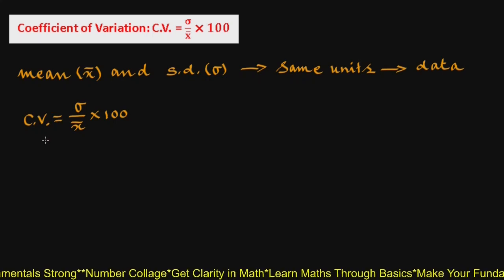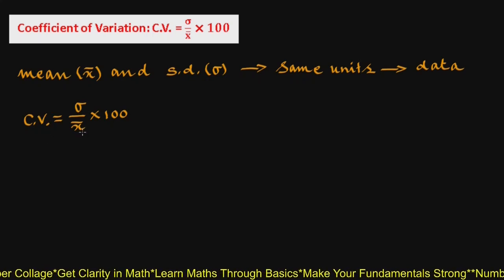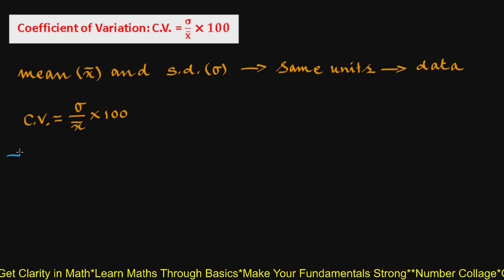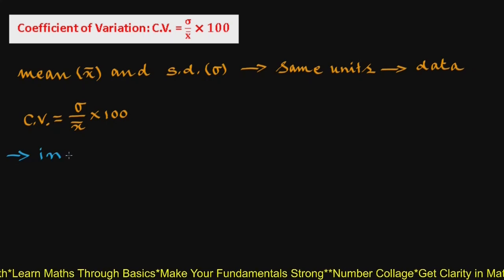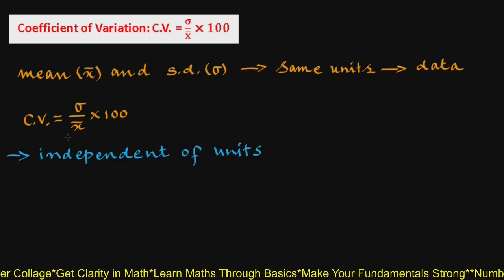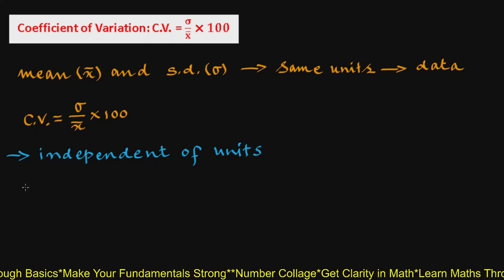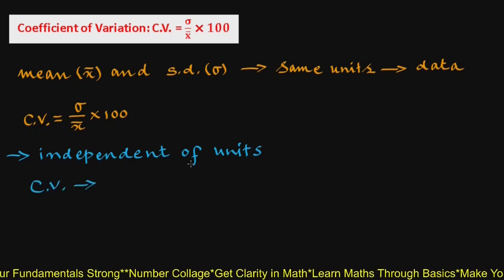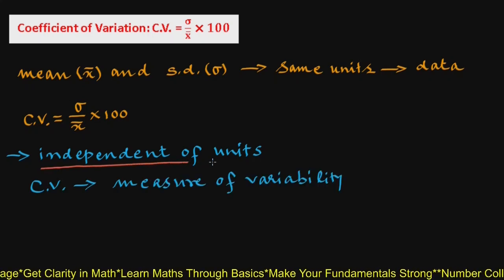So coefficient of variation CV is standard deviation upon mean multiplied by 100. This percentage ratio is independent of units, as the units get cancelled when we take this ratio sigma upon x bar. Coefficient of variation is a measure of variability independent of units.